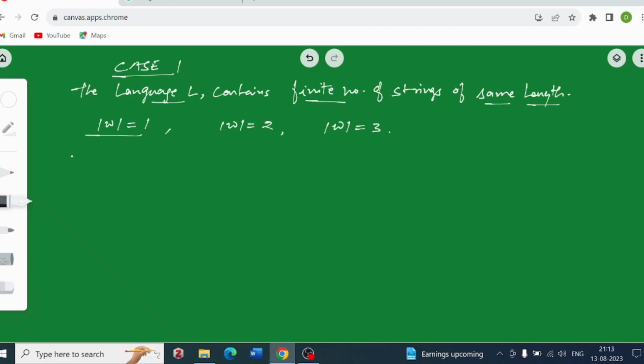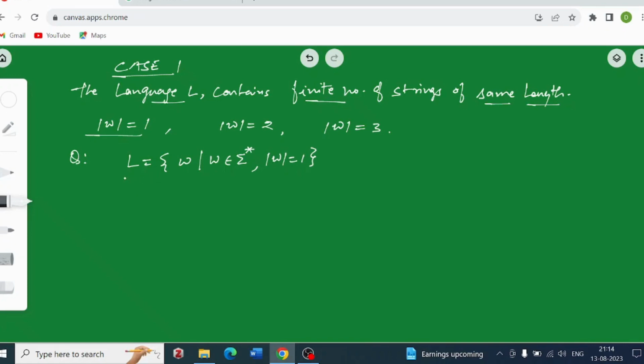For example, if the language given is the set of strings W that are accepted by the automaton, such that W belongs to sigma star, which is the set of all possible strings, and the length of the string is 1.